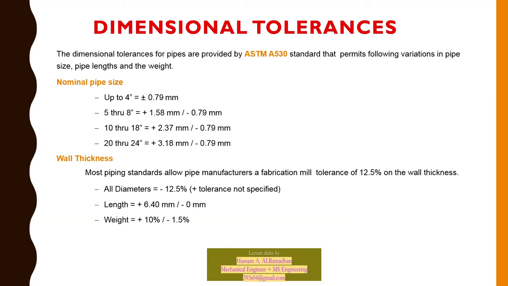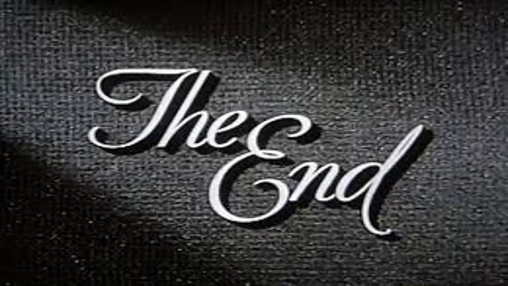So all pipe will have a minus 12.5% tolerance, not specified otherwise, and the length will be plus or minus 6.4 millimeter, and the weight will vary between 10% to 1.5%. This is the end. Thank you.